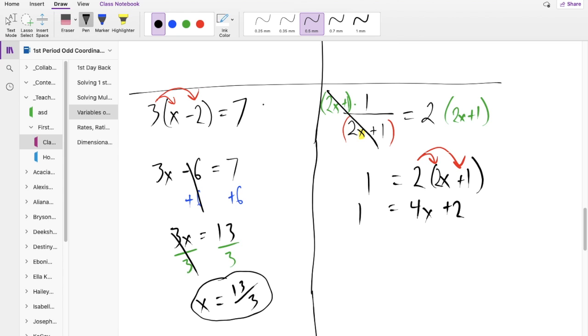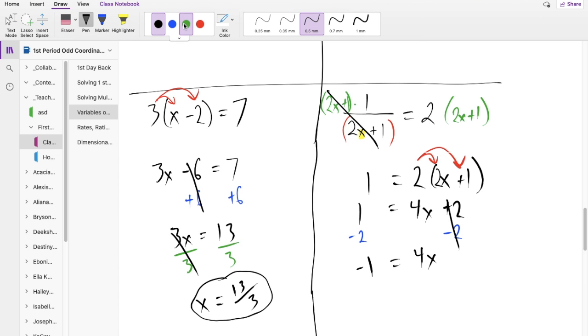So now this is again back to a basic multi-step equation. So the first thing I need to do is get rid of any addition or subtraction. So I'm going to subtract this 2 on both sides. So on the left side, 1 minus 2 gives me a negative 1. And I'm left with a 4x because the positive 2 and the negative 2 canceled.